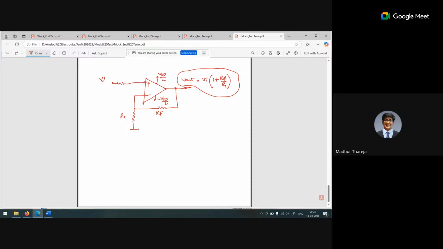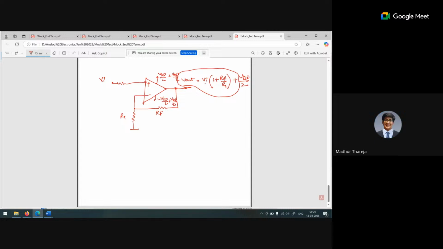Okay. Now, if we add a plus VDD by 2, add this one, what is the change in the output voltage? It would also increase by VDD by 2, given the fact that R1 is also connected to an analog ground of VDD by 2.